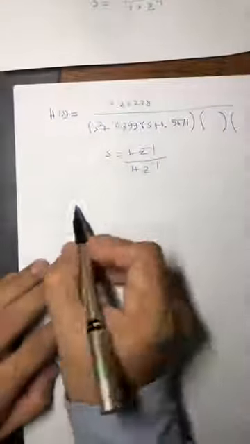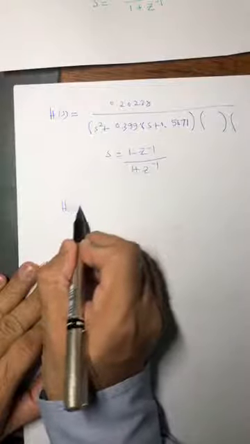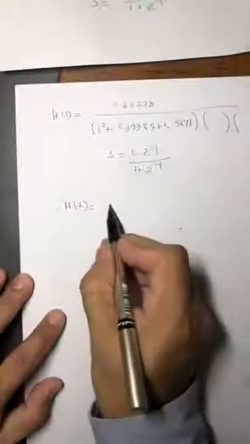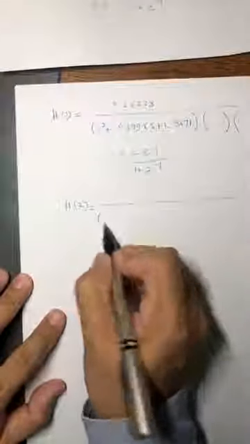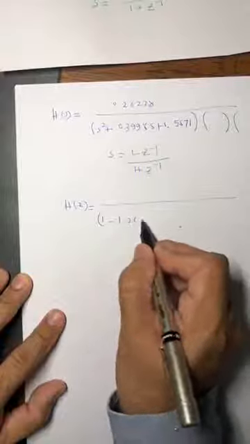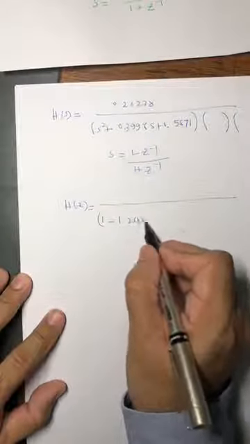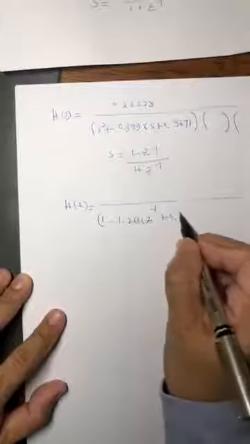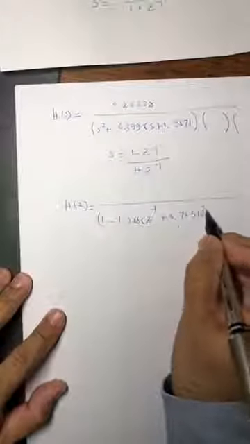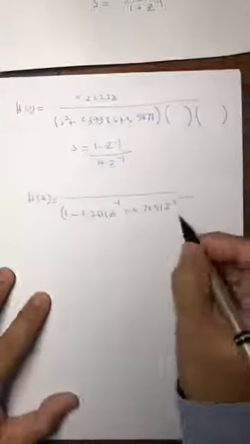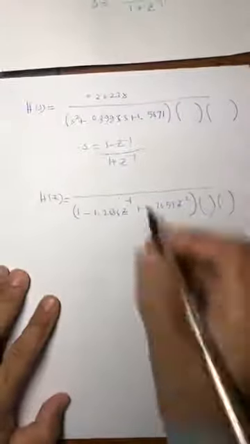And if you do that, your H of z is going to be an expression in z, where this section will be converted into something. I'm just writing this value so that you know, you get an expression in z inverse. So the order will also not change. The second order, then there is going to be another second order and another second order, and there's something here as well.